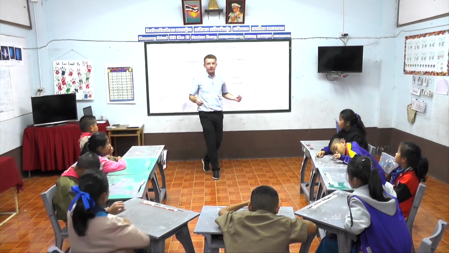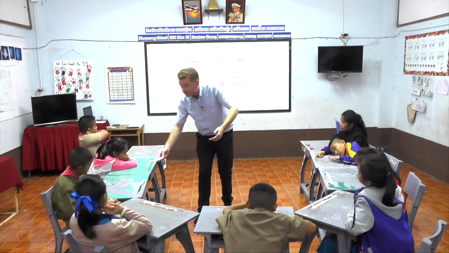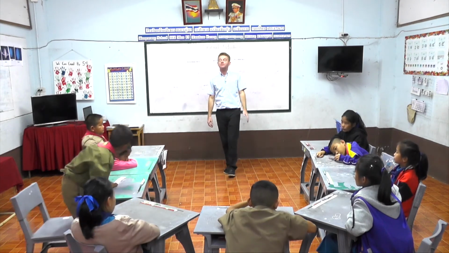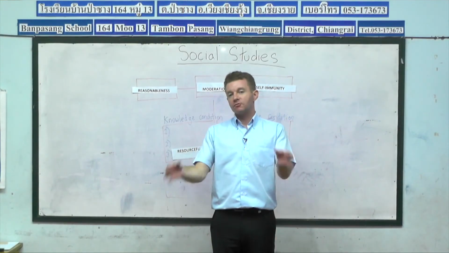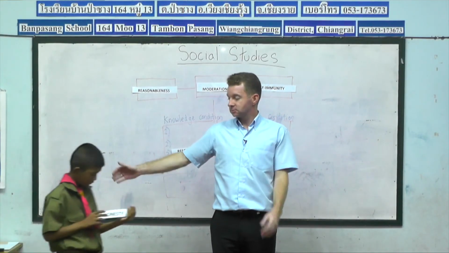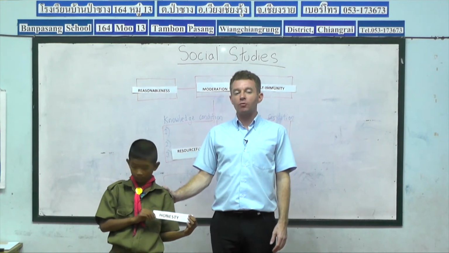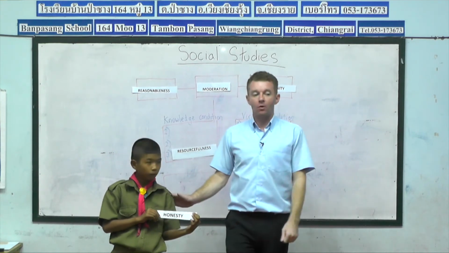Okay, we keep going. We've only got a few more left. So let's see what the next one is. And our next student is Pat. So Pat, come and join me at the front, please. And Pat can show his flashcard to class. What word have we got this time, guys? It means being truthful, never to tell lies, honesty. Yes.